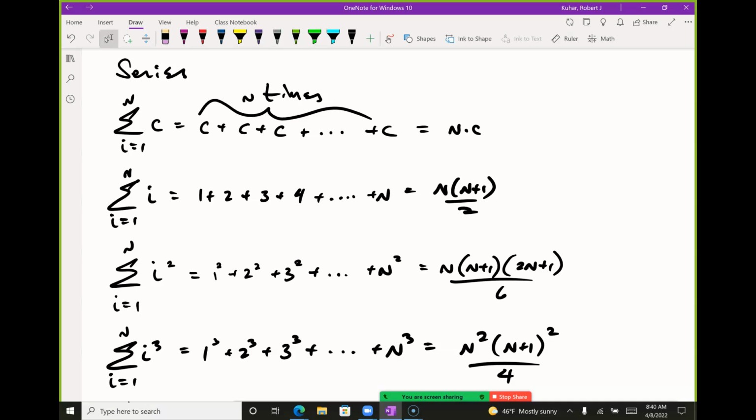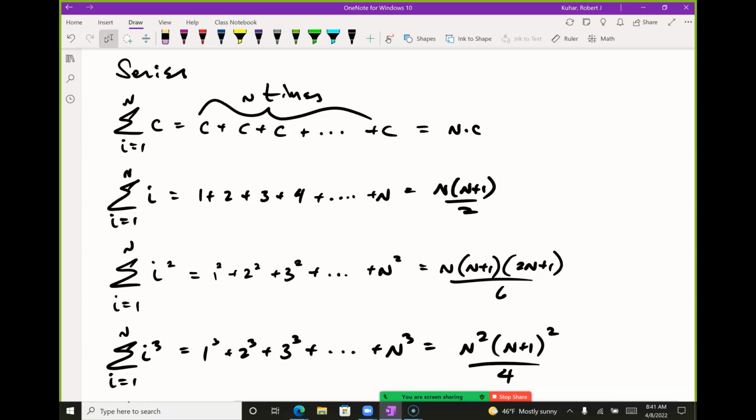Yes, so these are the series I want to use, and I'm giving you up to a cubic polynomial here, like x cubed plus x squared plus x plus 1, something like that. Because those are easy to integrate, right? Polynomials are easy to integrate. It's just a bunch of power rules, basically.